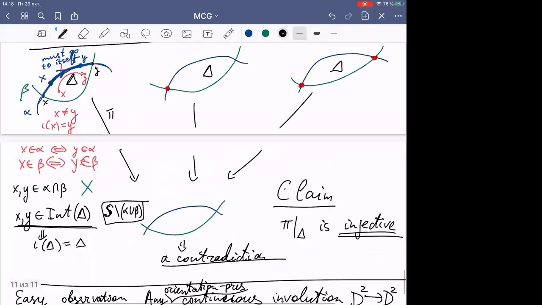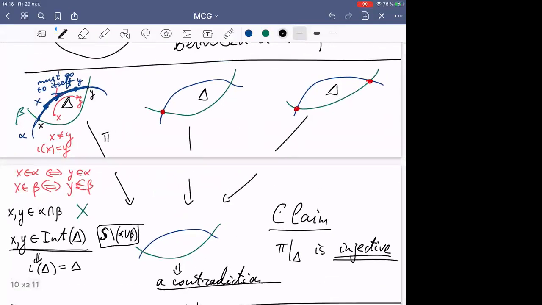If we just have a continuous map from a disk to itself, then it may have a fixed point either in the interior or on the boundary.